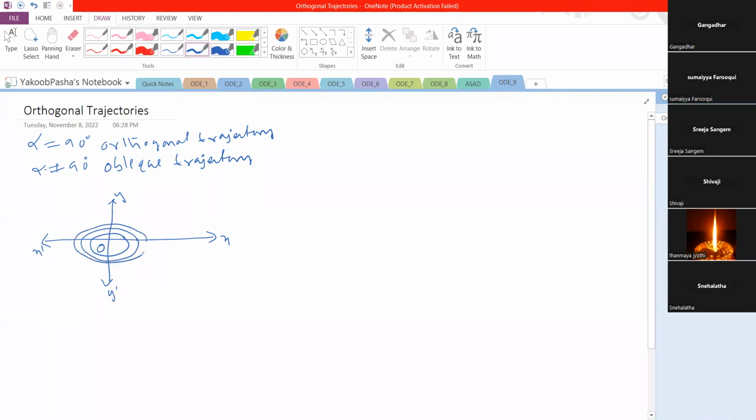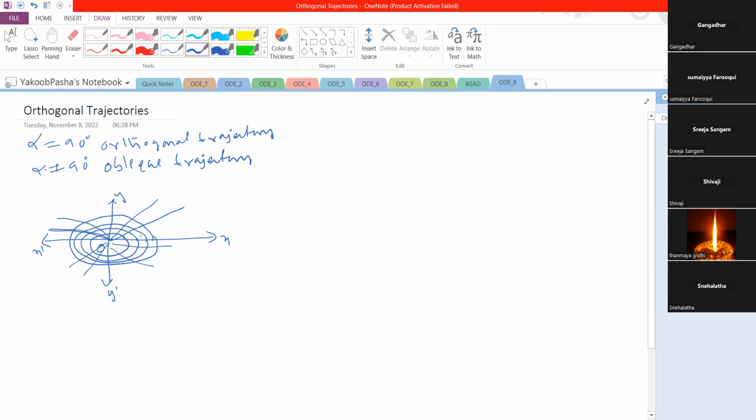These are a system of concentric circles. If you take straight lines, each straight line cuts every circle, that is, every member of the family of curves. So the straight lines are called orthogonal trajectories for the circles.